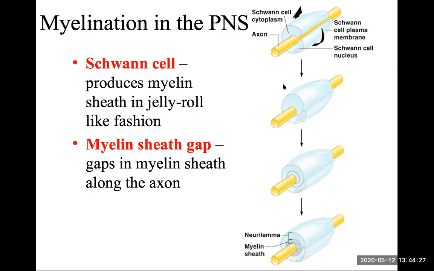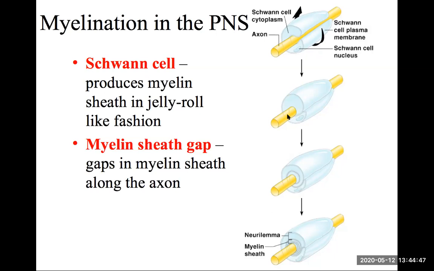Okay, so imagine you're making a jelly cake where you have a flat cake and you put jelly inside it and then you roll it up tight. That's a jelly roll. I don't know if you guys know what those are or not, but imagine something like that. But you're just rolling the cell, the Schwann cell, around the axon.